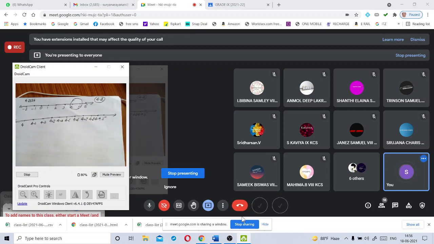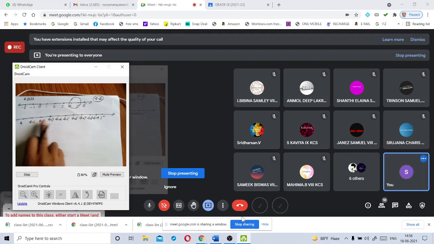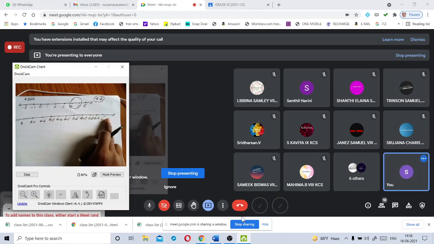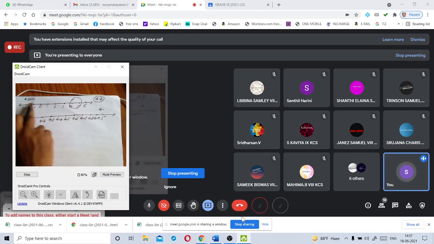Understood this step, my children? Understood or not? Yes, sir. After doing this, again write the whole number and take the first 2 decimal places. Then what will you get? 4 point... If you take the first 2 decimal places, what will you get?